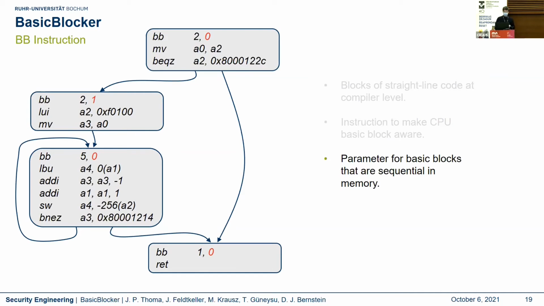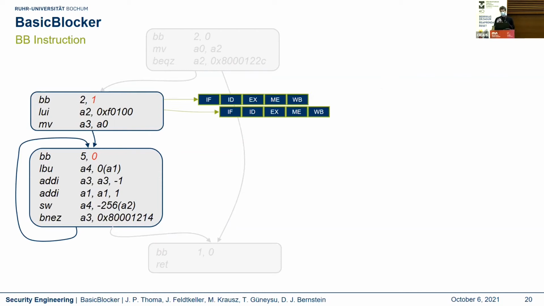And what we can do then is we start executing the first basic block, and after we have decoded the basic block instruction of the first basic block, we now know the size of the basic block, and that it is sequential, so we also know the location of the next basic block that we want to execute. So we can fetch the BB instruction of the next basic block, and then continue executing the first basic block.